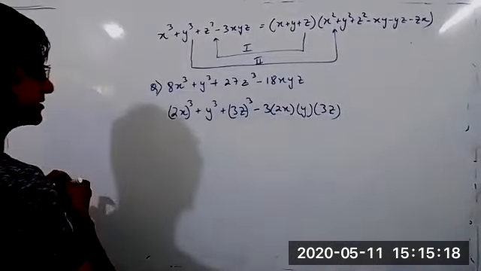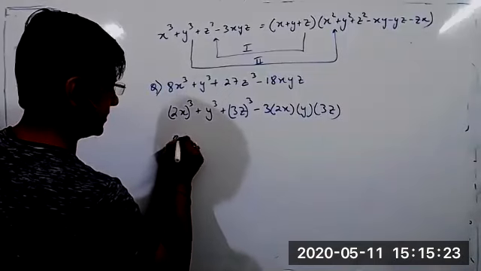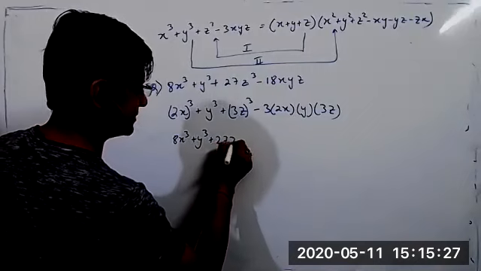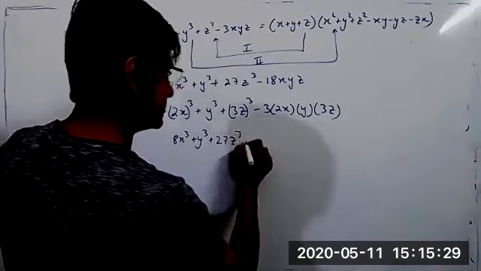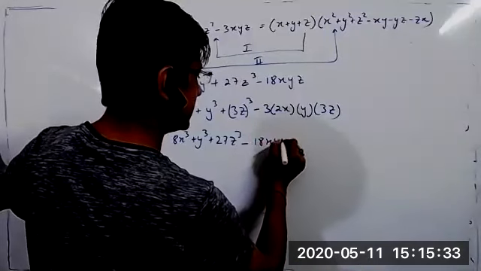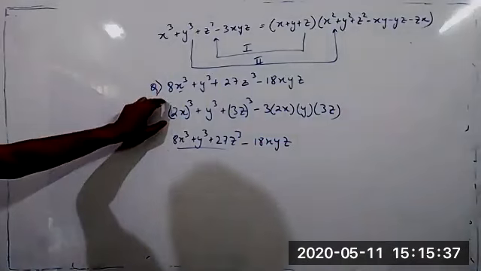Is this equal to this? Yes. Let's see. 8x cube plus y cube plus 27z cube minus 18xyz. So this is equal to this. That means what we have written is correct.